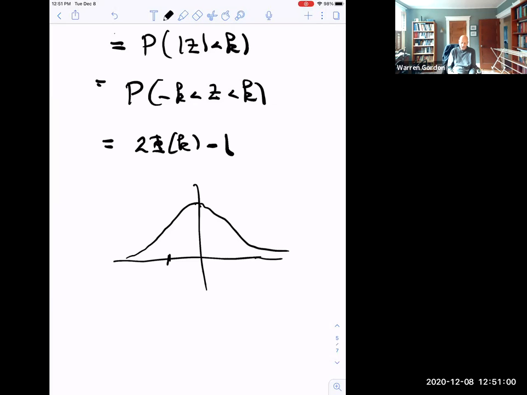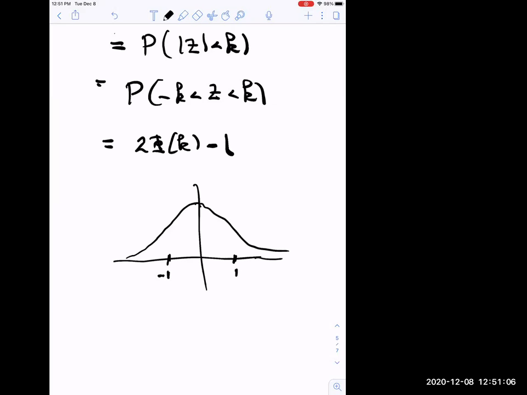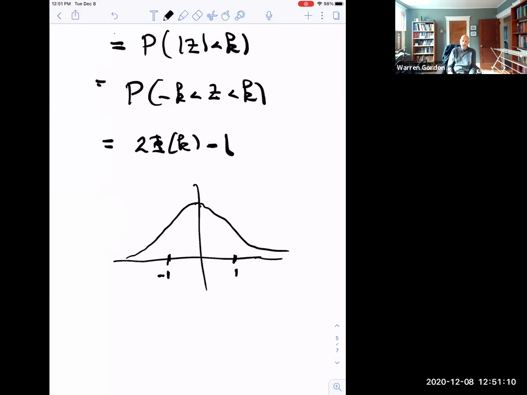Now let's suppose k is 1. That means it lies within 1 standard deviation of the mean. When k is equal to 1, if you work this out, the answer turns out to be about 0.68.